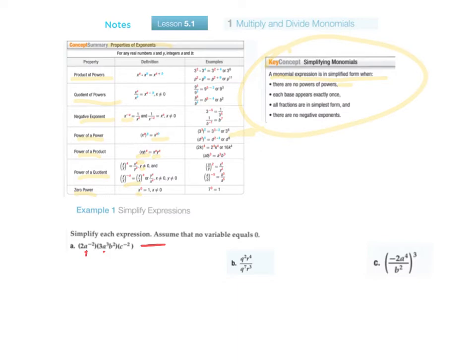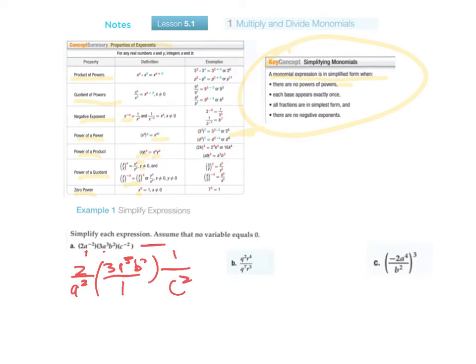The first thing I'm going to do is look at the first one, and that will be a 2, and I'm going to flip the A to the second down to the bottom because that's the negative. And then I have parentheses, I have a 3, and I have an A cubed and a B squared. And then in the next one, I have a C that goes to the bottom. So I'm just going to put a 1 up top and put the C squared on the bottom.